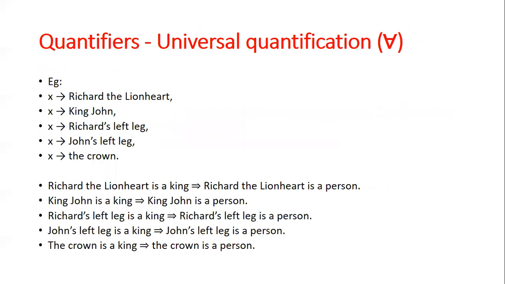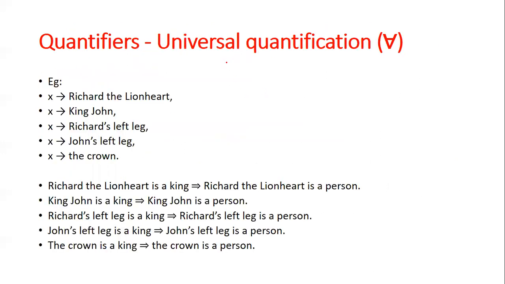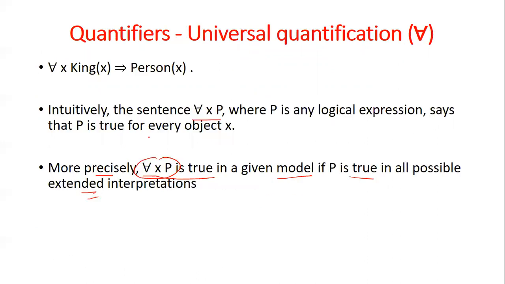For this statement we take "for all X P". So what does it mean? It means that P should be true in all possible extended interpretations. So here extended interpretation represents that for all objects P should be true.